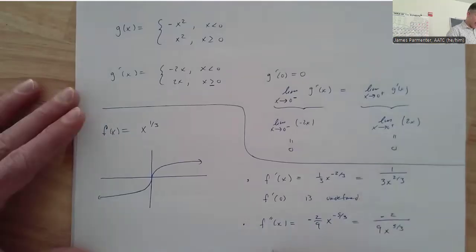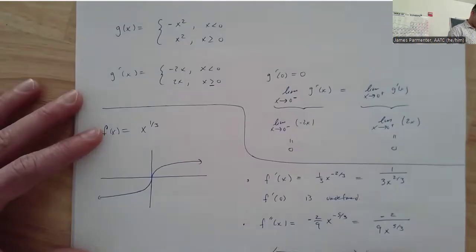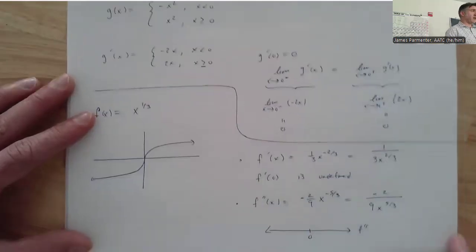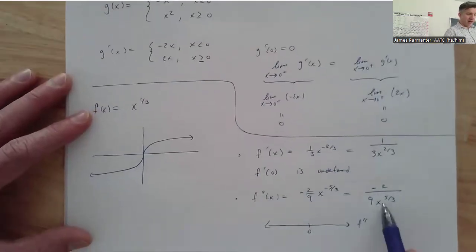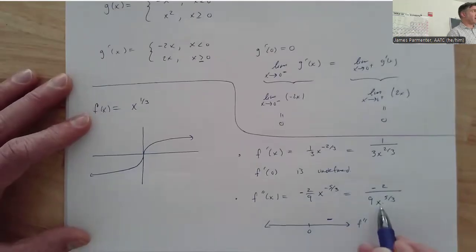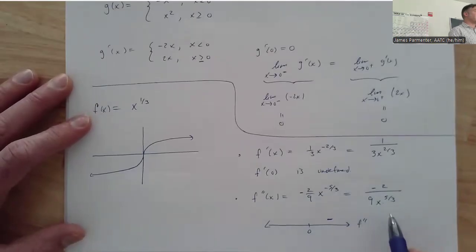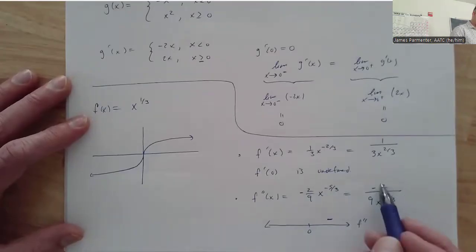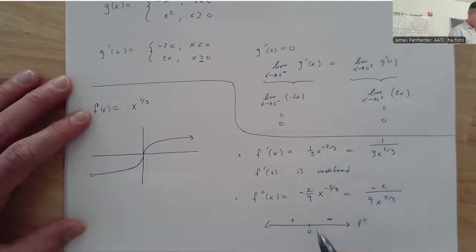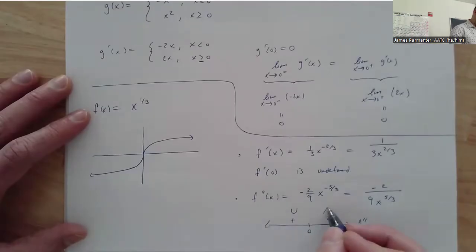And we can certainly see that the second derivative, even though it's undefined at 0, does change signs on either side of zero, right? If you pick a positive number for x, the second derivative is going to be negative. Pick a negative number for x. A negative number to the 5/3 power is still negative. So negative 2 divided by a negative is going to be positive. So it's concave up over here, concave down over here.